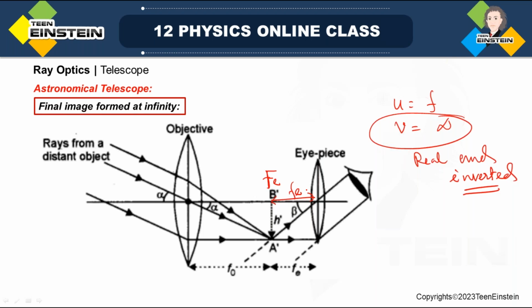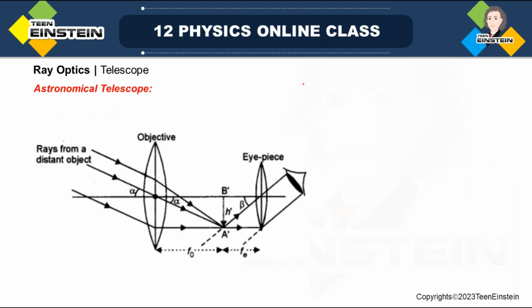In this case, magnifying power is defined as the ratio of the angle subtended at the eye by the final image as seen through the telescope to the angle subtended at the eye by the object seen directly, when both image and object are at infinity.